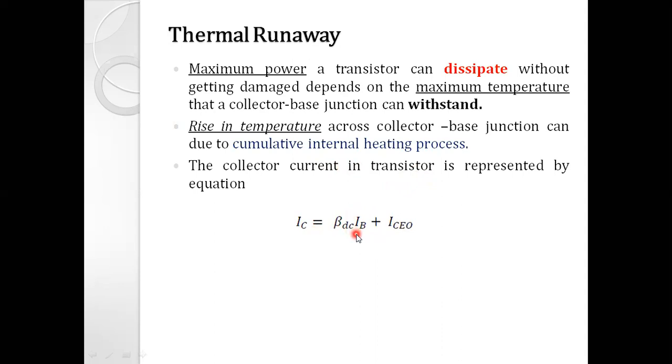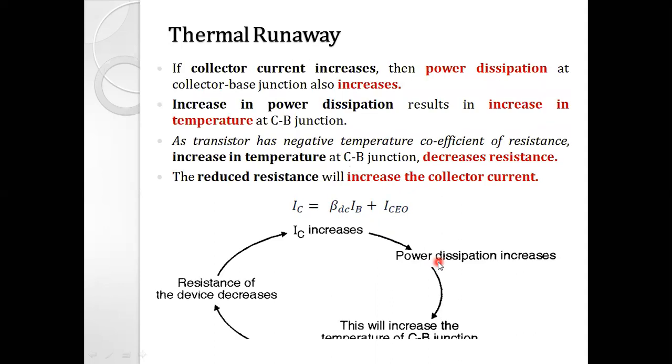So let us understand this cumulative internal process. For that, we have to keep this equation in mind, that IC is equal to beta times IB plus ICEO, right? So if collector current increases, then the power dissipation at the collector base junction also increases, because power dissipation is directly related to the output current IC.